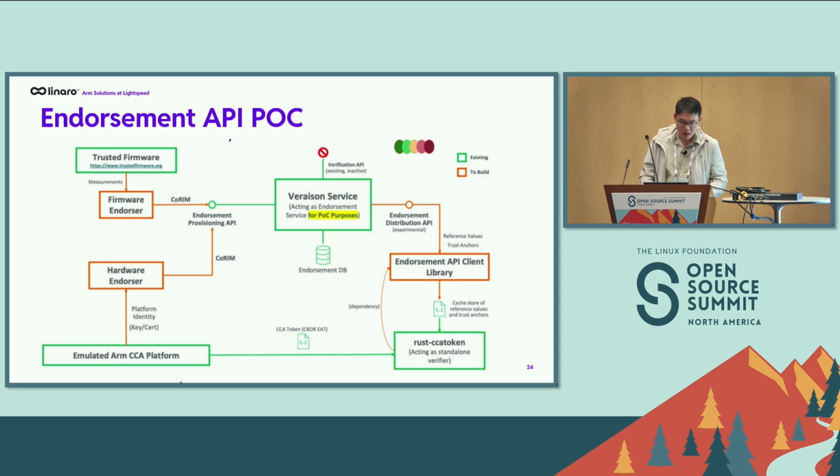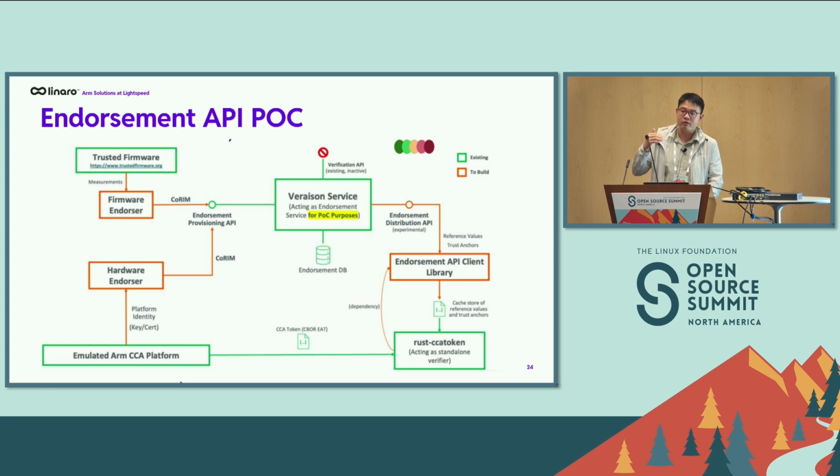We will have a third-party service maintaining the trusted voucher information provisioned by maybe the hardware vendors and also the software supply chain vendors. Locally, there will be a cache service running, and the cache service will subscribe to any updates from the remote endorsement API server.